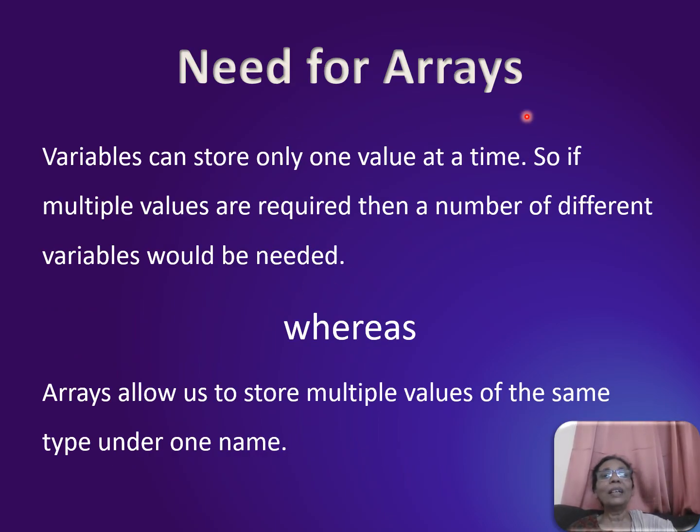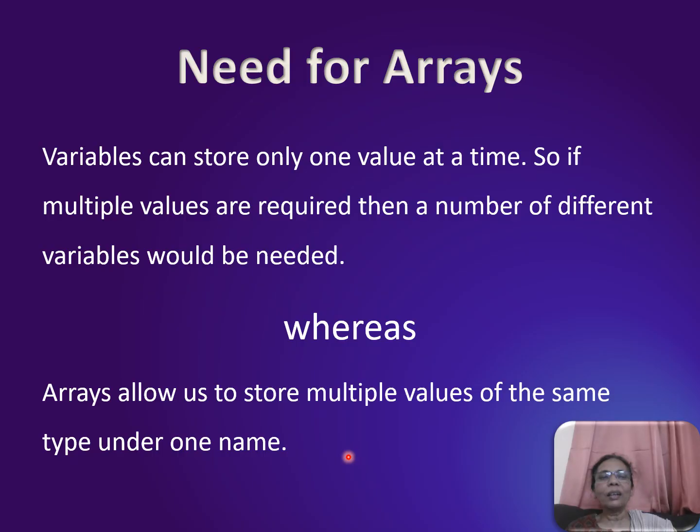Now, why do we need an array? Variables can store only one value at a time. So if you want to store more than one value, you require a number of different variables. Imagine a large number of values, you would need to store each value in a separate variable.